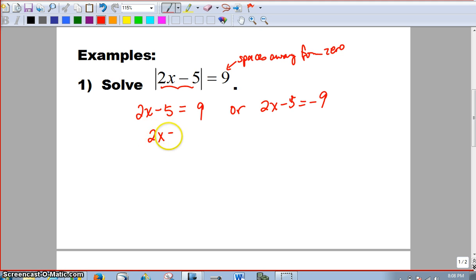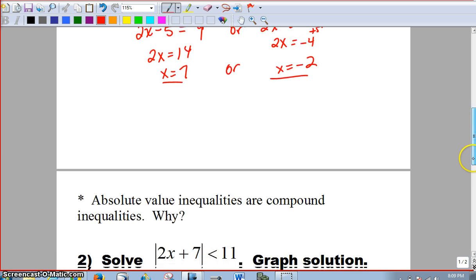So we solve our equations, and we see that x is either 7, or if I add 5, I get negative 4 and x is negative 2. So two different solutions would make this sentence true. A good thing to remember for absolute value equations is that you most likely will have two solutions.